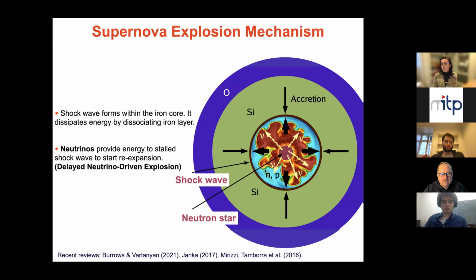The neutrinos then provide the new energy to revive the shock wave. This is what we call the delayed neutrino-driven explosion mechanism. So when we think about non-standard effects connected to neutrinos, we can also think about scenarios that can affect this shock revival and therefore don't lead to a successful explosion, as we will see also in the following of the talk.